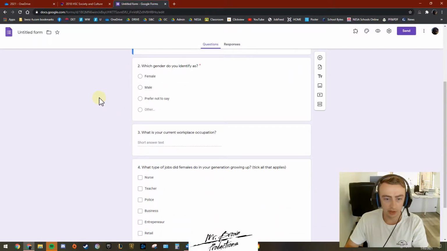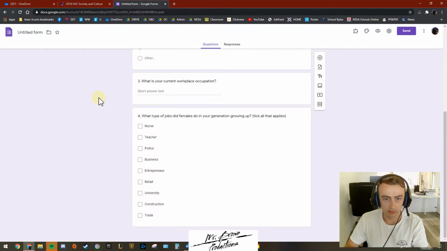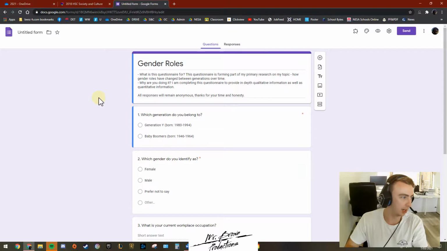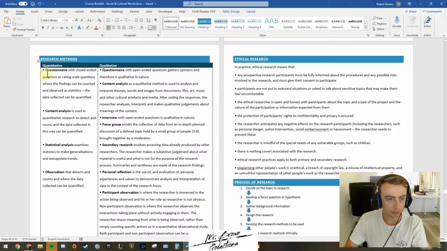So this is an example of a questionnaire that one of my previous students started and didn't finish for whatever reason. But essentially when you look at it, if we go back to our quantitative and qualitative, the first thing is we have close-ended questions on the quantitative side, and then we have open-ended questions on the qualitative side. So on the close-ended sections, you can have rating scale questions where the findings can be counted and observed as statistics and the data can be quantified.